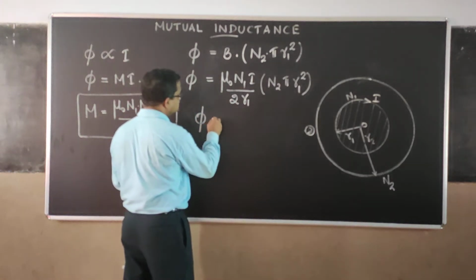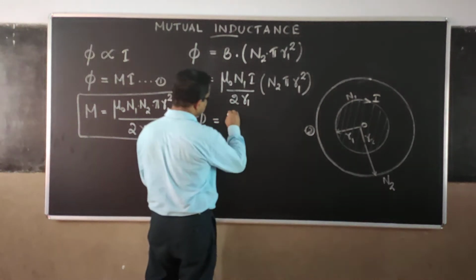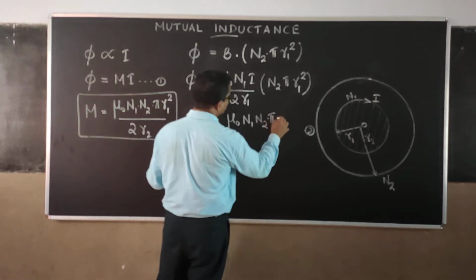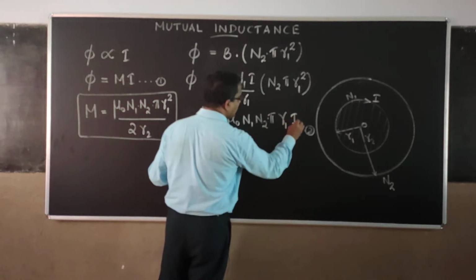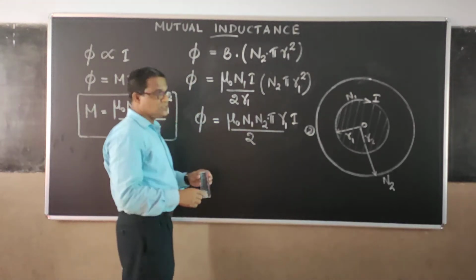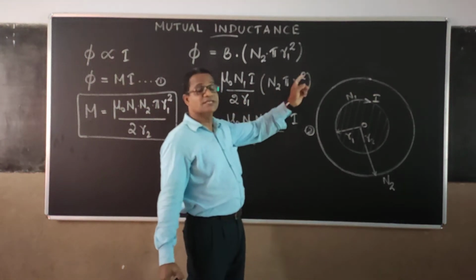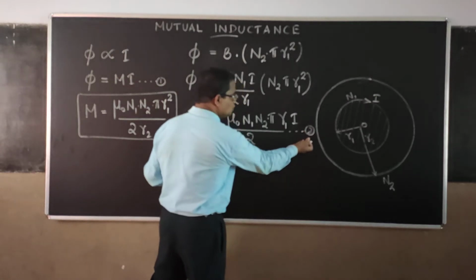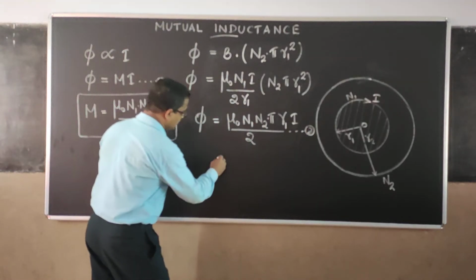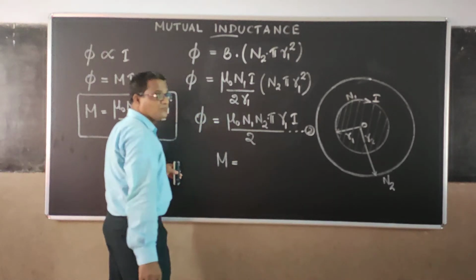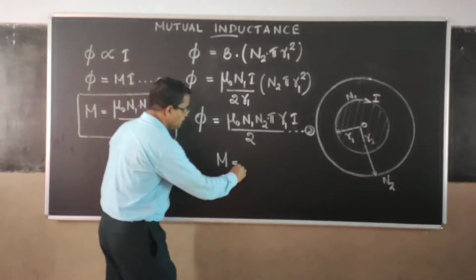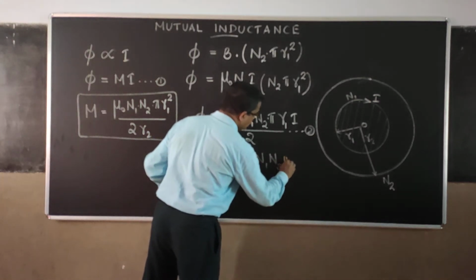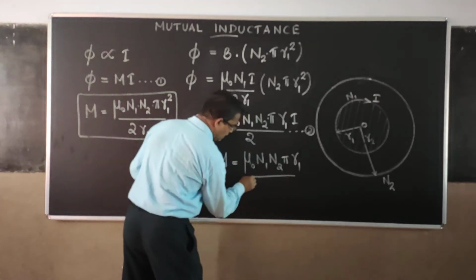Therefore, flux phi is equal to mu 0 N1 into N2 into pi R1 into I divided by 2, because R1 from this cancels and you will be left with this. And this is equation number 2, and when you compare this and this, you will get the mutual inductance M. When the current is flowing through the inner coil, it will be mu 0 N1 N2 into pi R1 divided by 2.